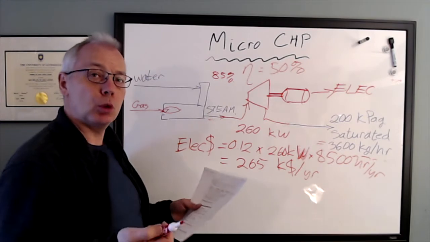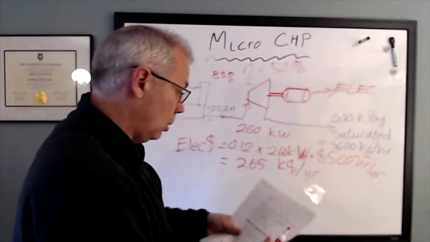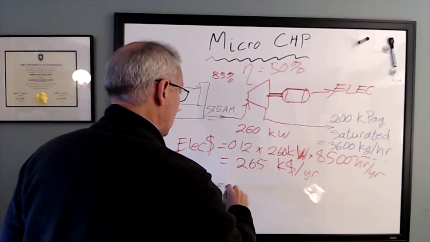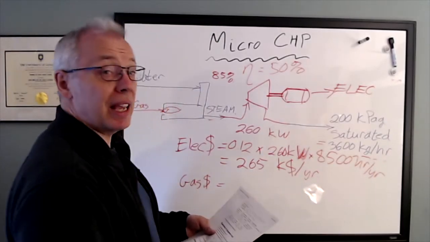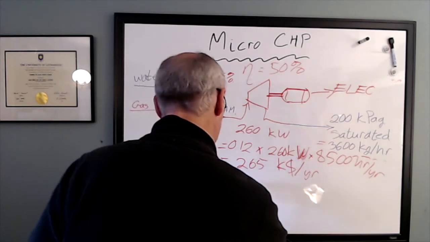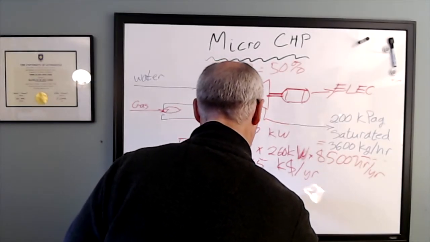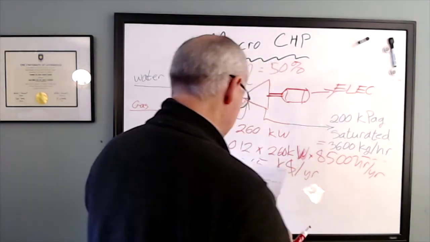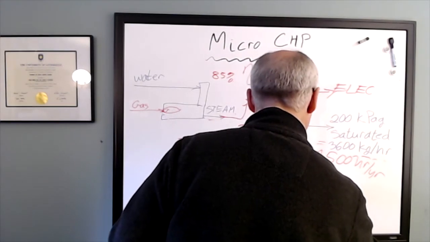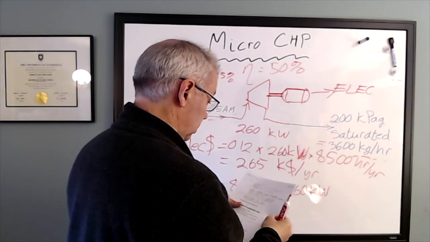Okay, so how much additional gas did we consume? Well, that's equal to, and again, the cost of gas for my house, straight from my electricity bill, is $8.50 a gigajoule. And we multiply that by 260 kilowatts.